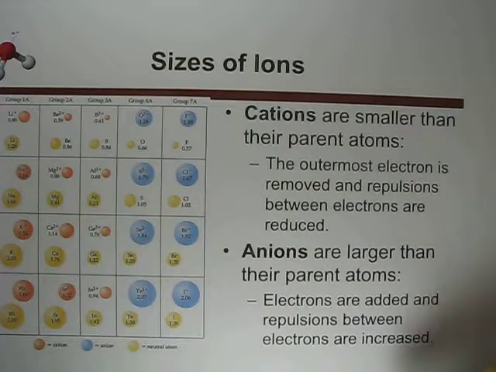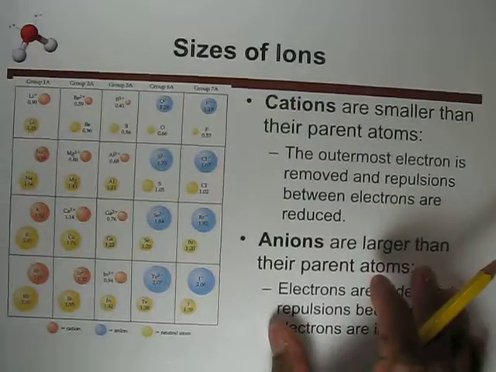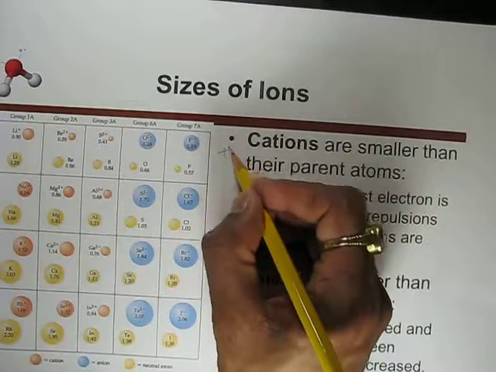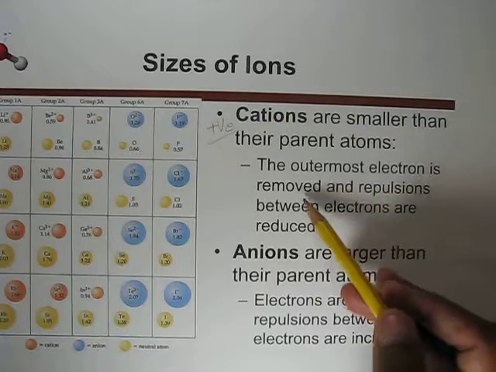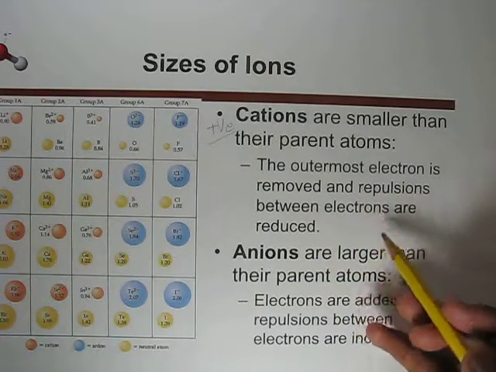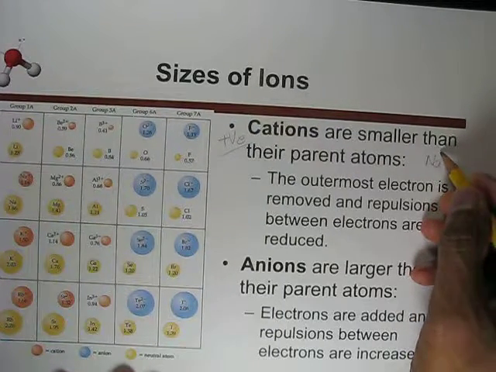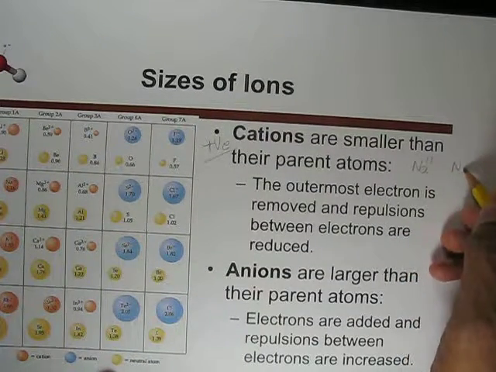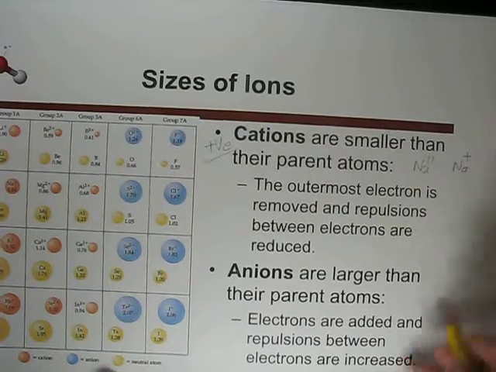And what usually happens when cations form? Cations are smaller than their parent atoms. Cations means positively charged ions, because the outermost electron is removed and the repulsion between the electrons is reduced. For example, sodium has 11 protons and 11 electrons, and when we remove one electron from sodium, it becomes +1.